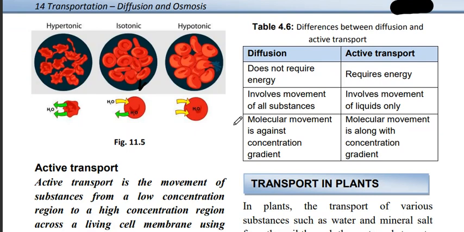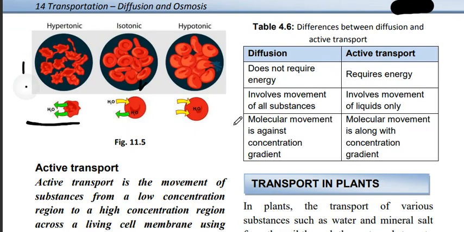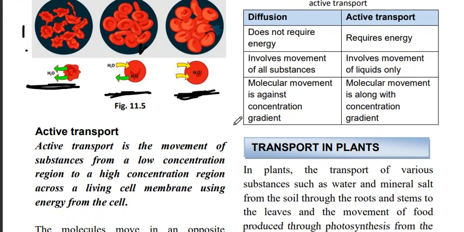So we have the animal cell in a hypertonic solution shrinking. In an isotonic solution, it will remain the same, whereas in a hypotonic solution, it will absorb a lot of water, become turgid, and then burst. Is that okay?